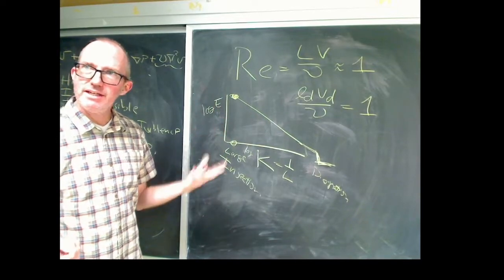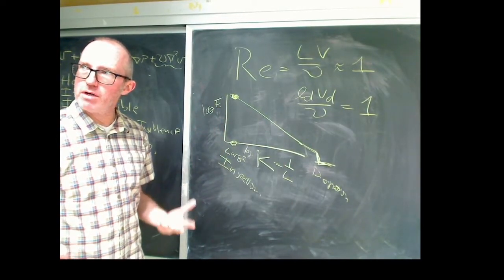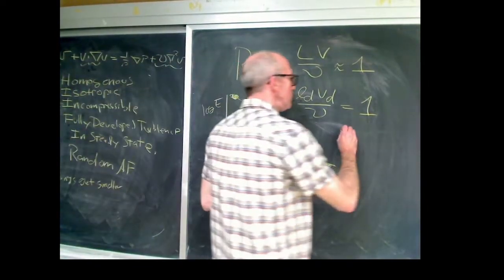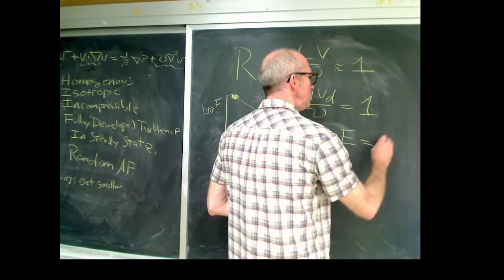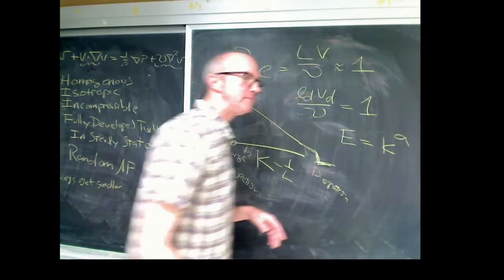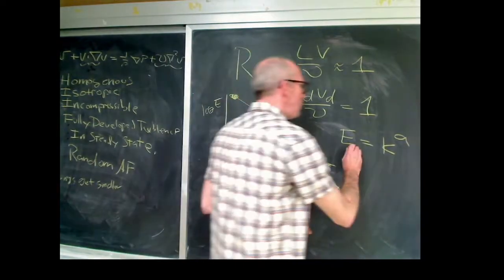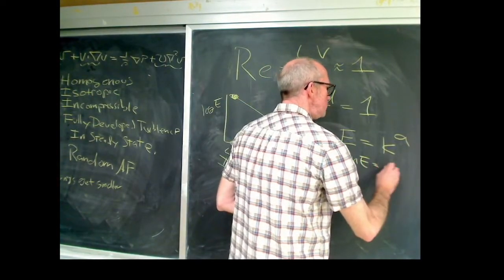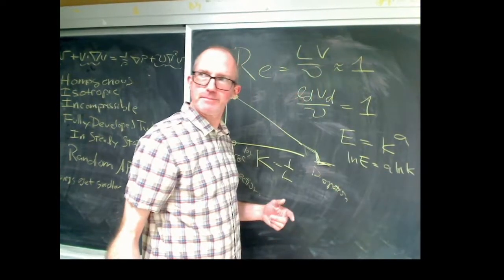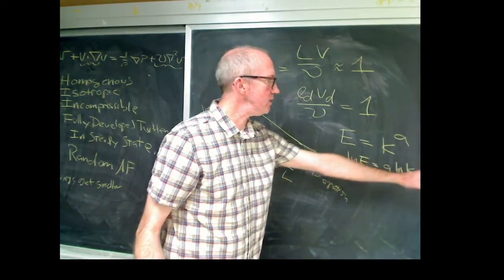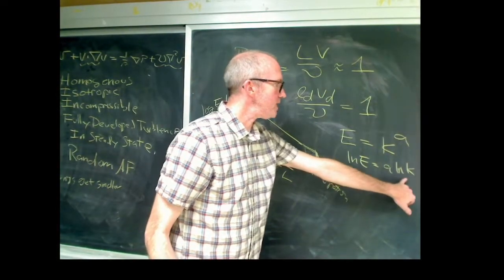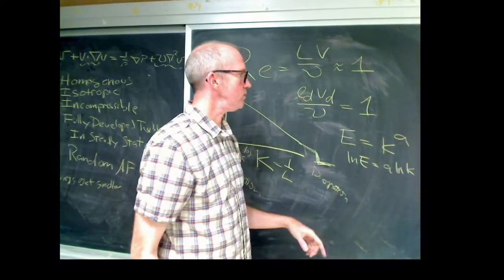Because in a log plot, a power law is a line. If I have a function that looks like E equals K to some alpha A, then the log of E is just A times the log of K. So this is a line, right? There's a plus B over here if you want. This is just M times X plus a constant if you did it that way.